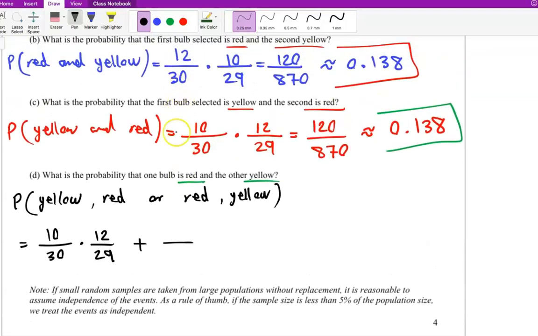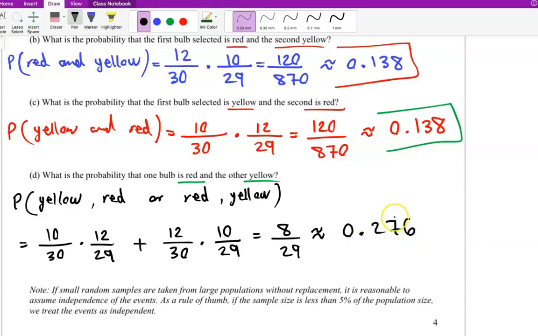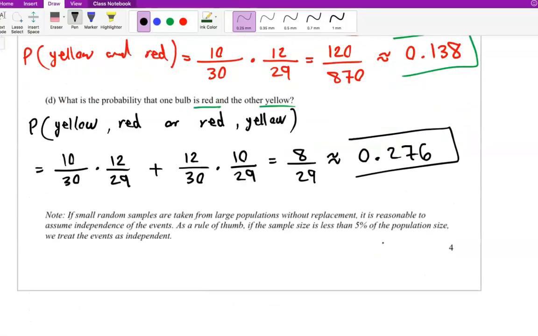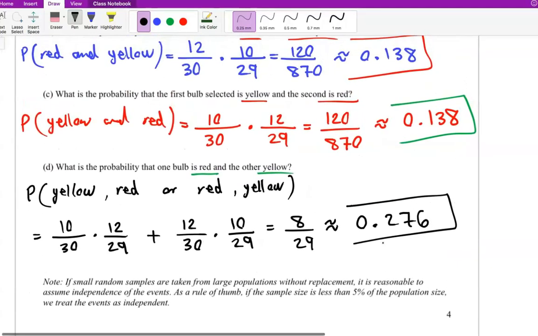Now for that part, we had 12 divided by 30 multiplied by 10 over 29. And the answer is 0.276, which is exactly that one. Add these two, we have this number is 0.276. Okay, I finished this part.